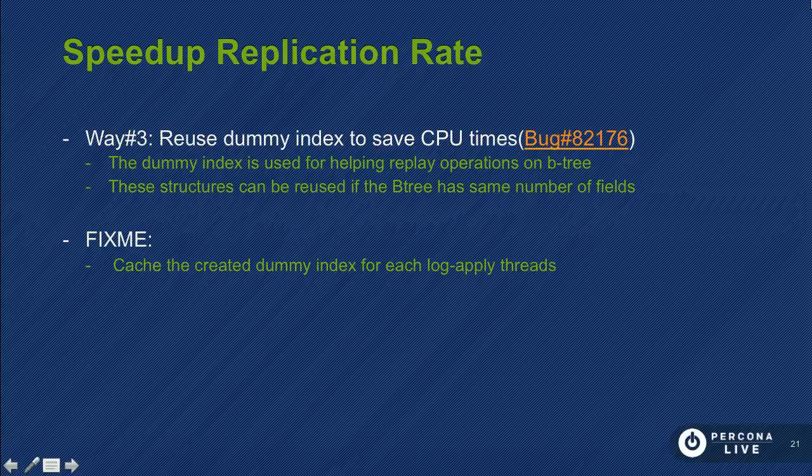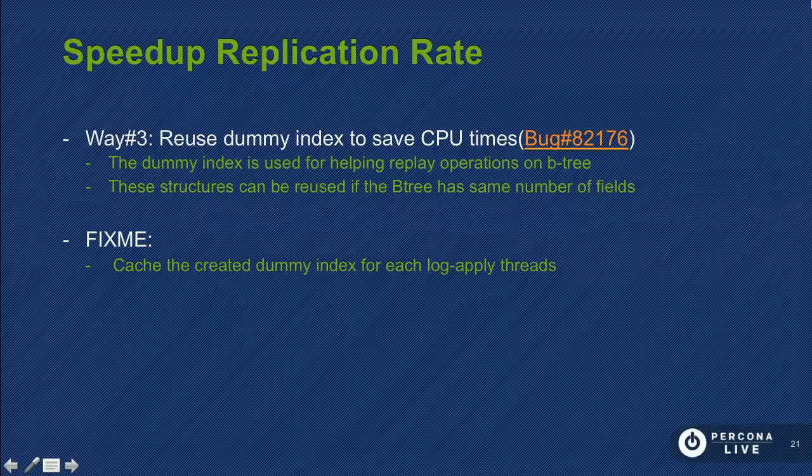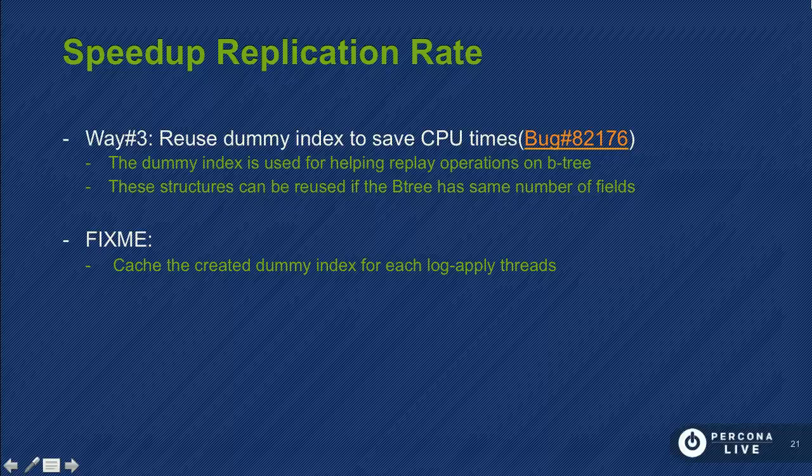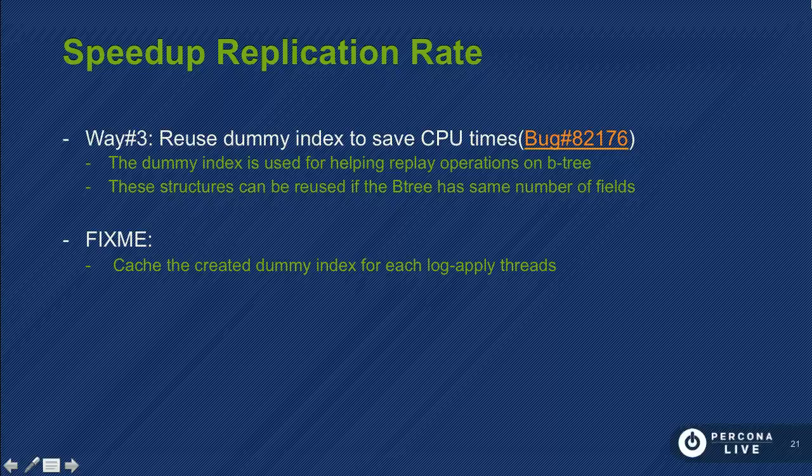Okay. And the third way is, InnoDB, while replaying some kinds of redo log, needs to create a structure called a dummy index, and also a dummy table, to help replay log types such as inserting a record into a page or updating a record on a page.